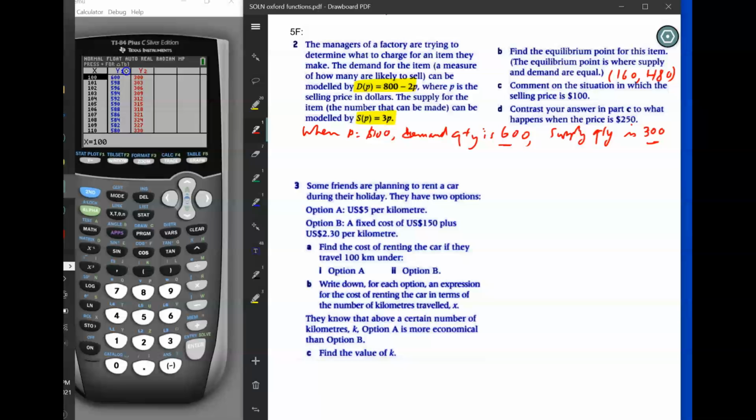Contrast your answer in part C to what happens when the price is $250. So let's go to table set again, and then we'll change to 250.